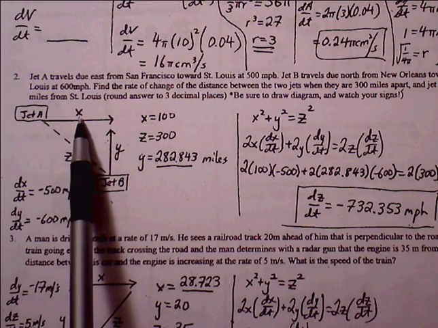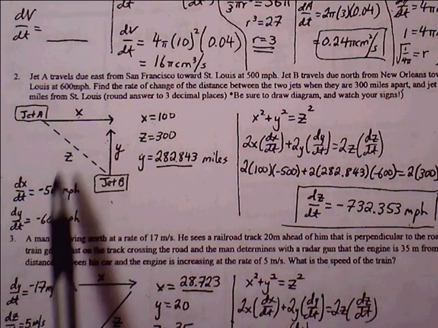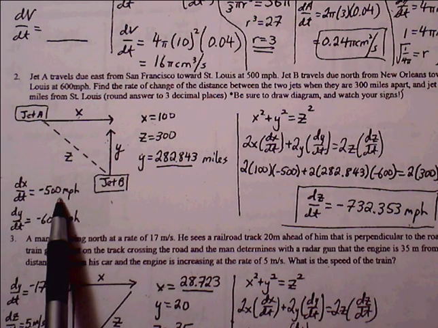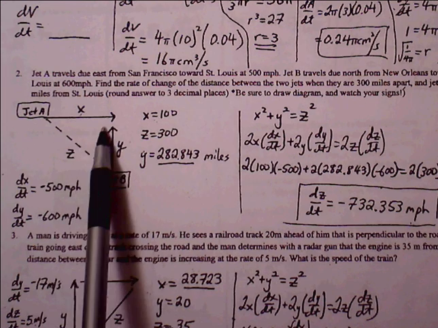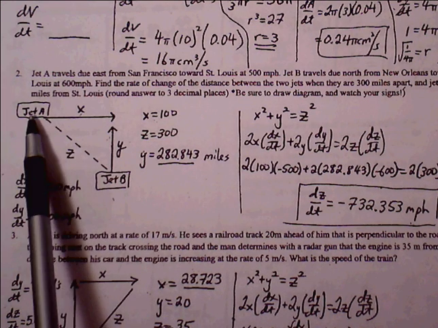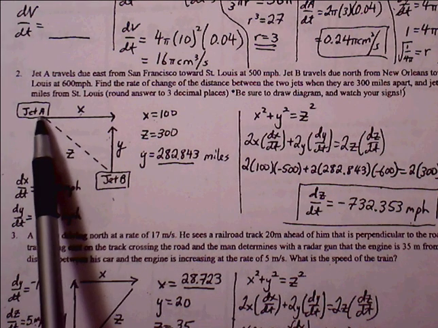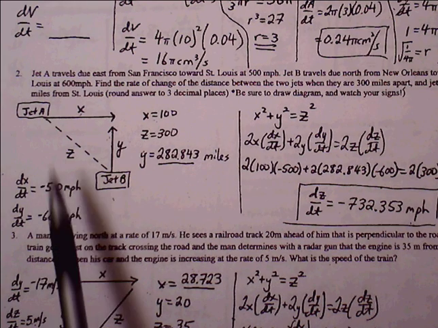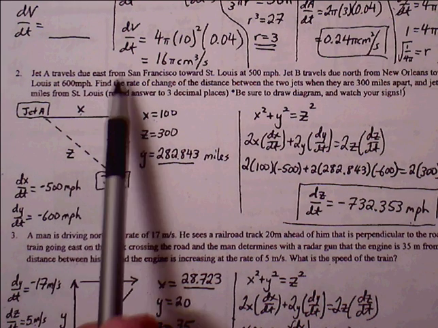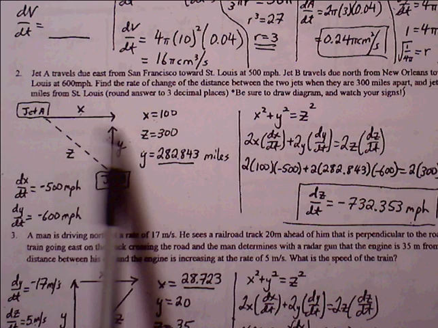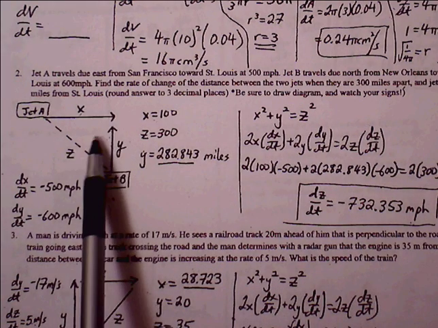That's why we represent dx/dt as negative 500, simply because that distance is decreasing. It has nothing to do with the direction the jet is traveling. What's important is to visualize what's happening to the lengths over time.